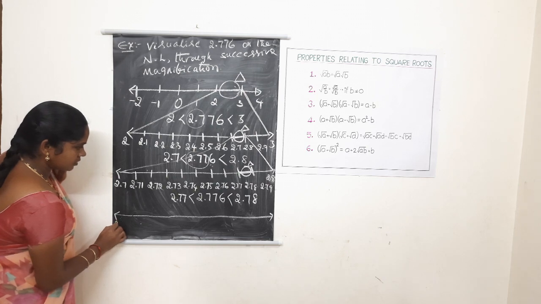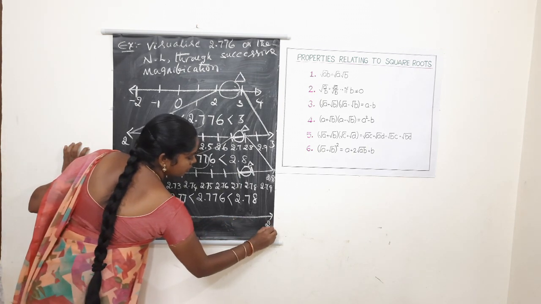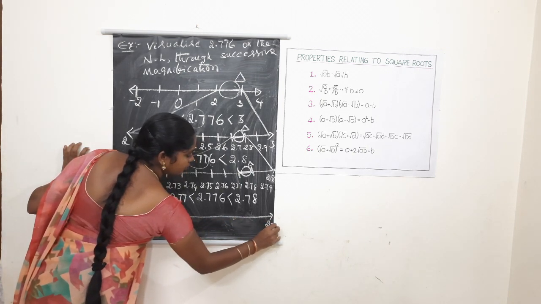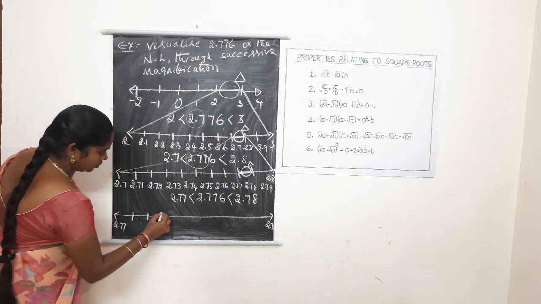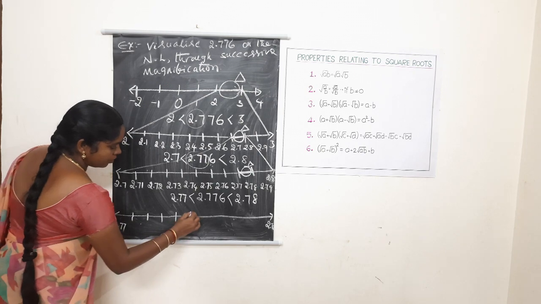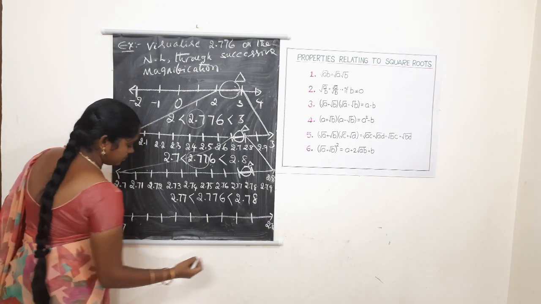So this is 2.77, 2.78. We divide into 10 equal parts: 1, 2, 3, 4, 5, 6, 7, 8, 9, 10.